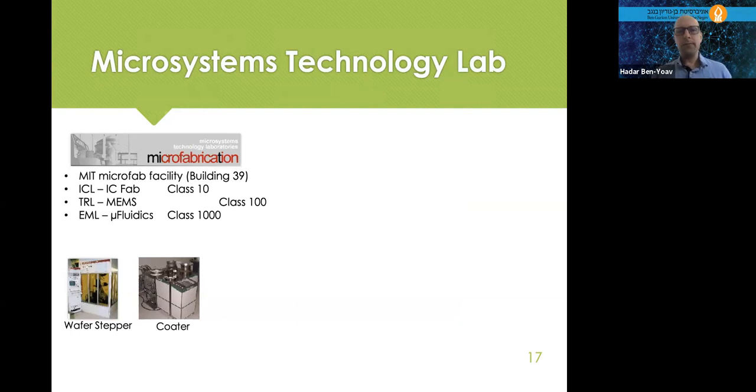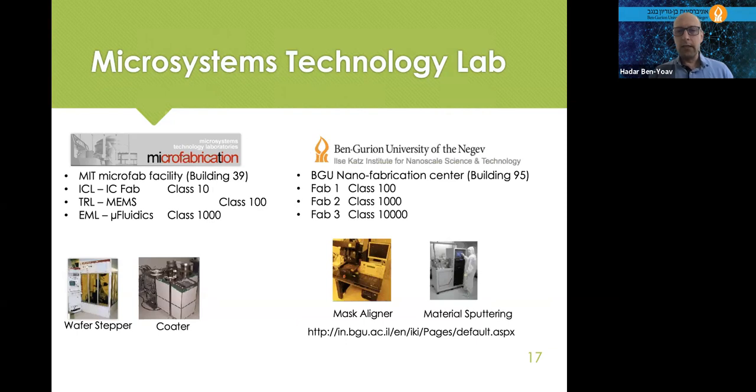It's a room that has a lot of filters that are defined by different classes. Class 10, class 100, class 1000, we're going to see how it looks. There is also one at the Ben-Gurion University Nano-Fabrication Center, with different clean rooms. We call them Fab 1, Fab 2, Fab 3, different classes.